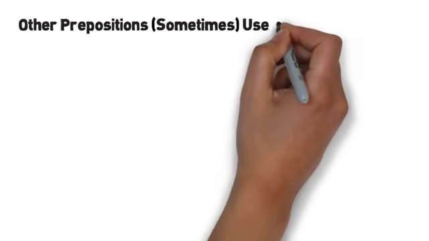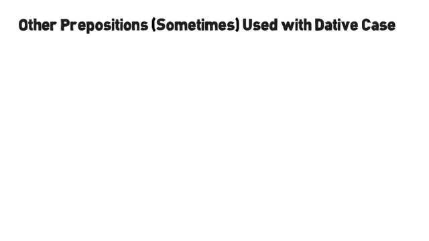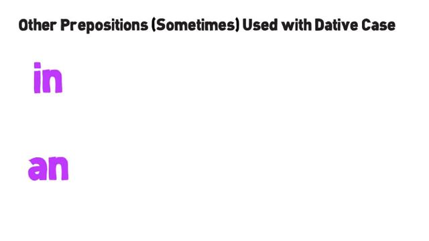There are a couple other prepositions that are often, but not always, used with the dative case. Now, they weren't on that list of 8 earlier that we sang, because they aren't always used with the dative case, only sometimes. The prepositions in and an are frequently used with the dative case, but only when they are showing no change of location relative to the place in question.